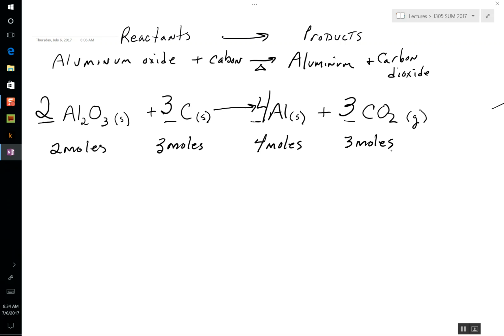Good question. Yeah, some things you will just know from experience. If I talked about carbon dioxide and asked what is that, you'd say, well, that's a gas at room temperature. What about nitrogen? That's a gas. Oxygen's a gas. So some things you'll know from experience. Most things are solids.